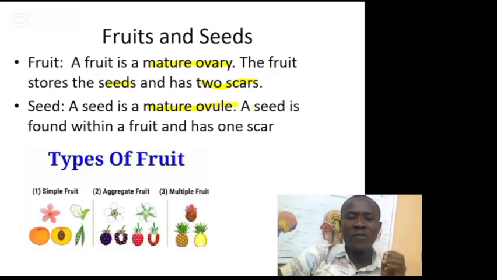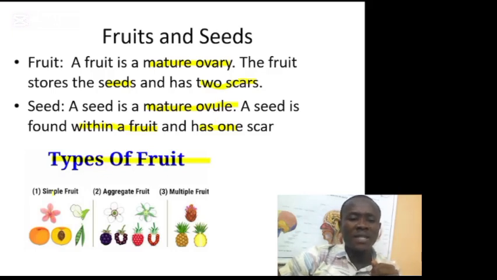In the case of the seed, just like we said, the fruit stores the seed. So we can say the seed is found within the fruit, and the seed has only one scar. But the fruit has how many scars? It has two scars.